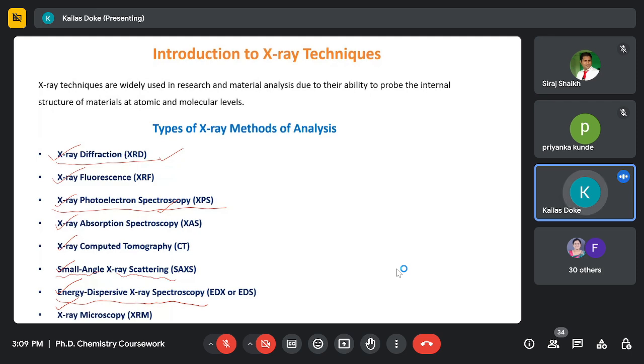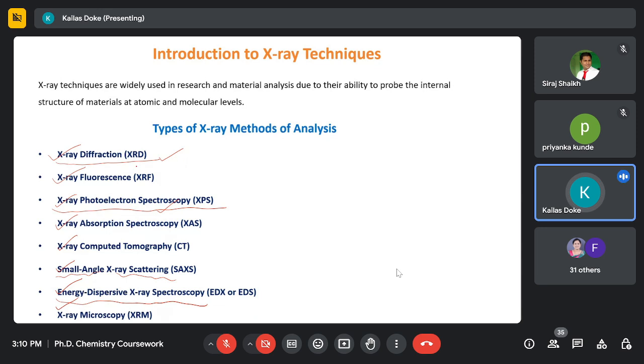Techniques you must know, basic principle you must know before understanding. Everyone knows these techniques. I think the majority of the coursework students are probably from organic chemistry. Some may be from inorganic chemistry, some from analytical, some from biochemistry or maybe physical chemistry.